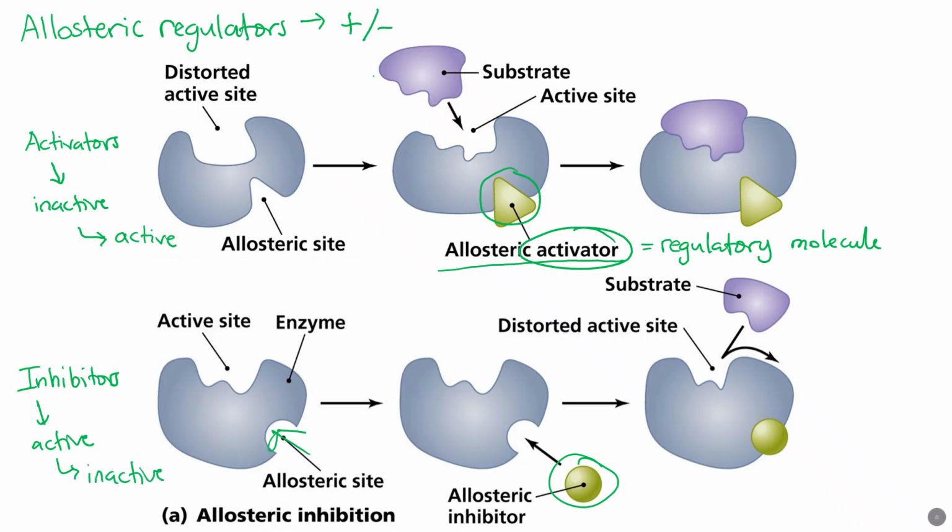Now, one would ask, hey, Mr. Tran, what's the difference between an allosteric inhibitor versus a non-competitive inhibitor? Well, I would say that essentially all of the concepts around those two ideas are the same. Some sort of molecule goes in and binds to a different part of the enzyme, shutting it down.